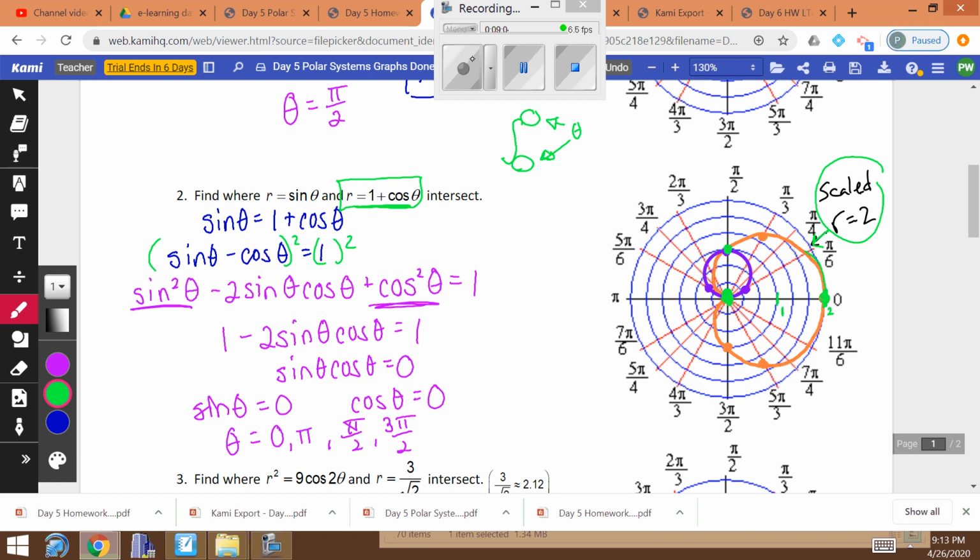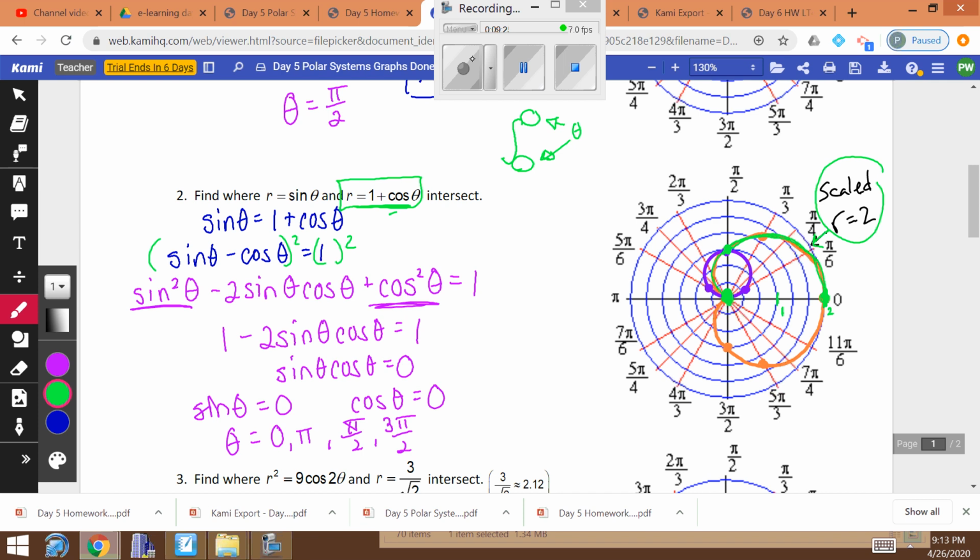Then we curve around and follow along, and right here at pi over 2, that is going to be one of our solutions, and we'll talk about that. Then it curves around and comes right here, and it's at theta is pi where it's 0.